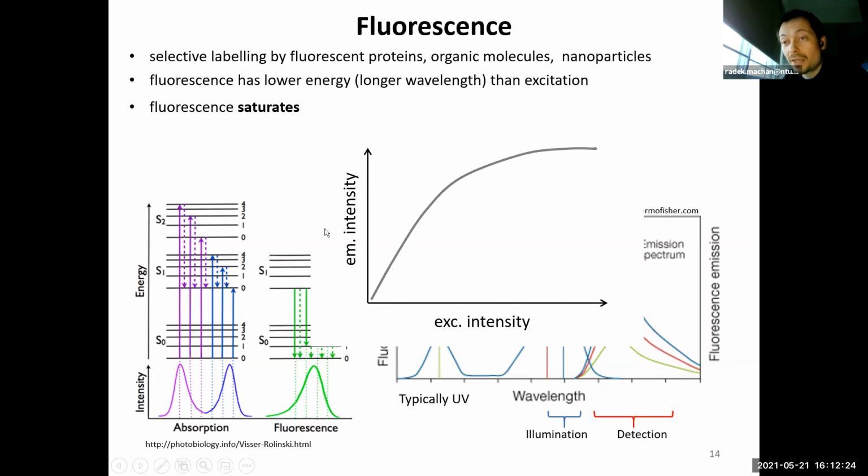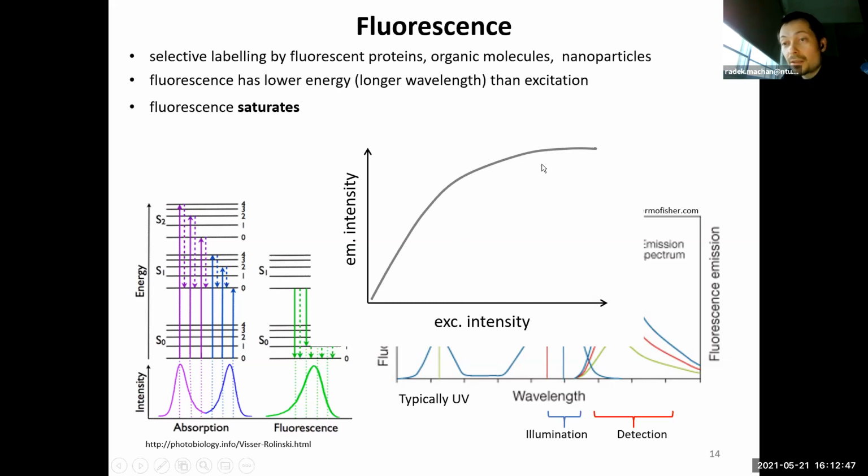So I have a gain in emission intensity. But then I reach the stage where too many molecules are already in an excited state, so I don't have enough molecules ready to be excited. So sending more photons in doesn't help.